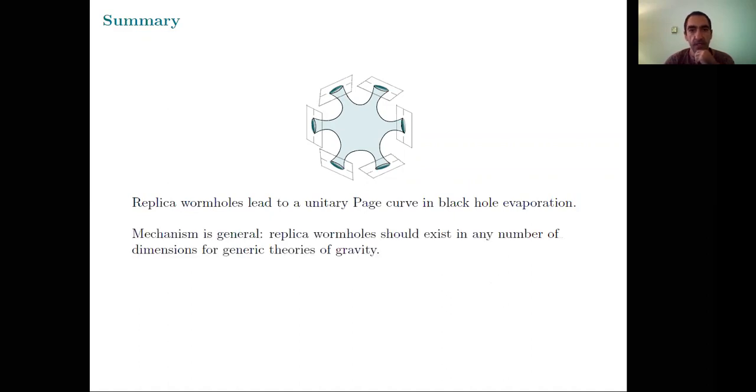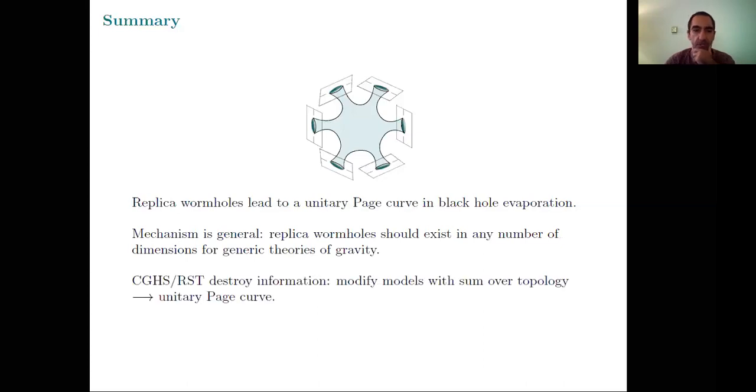This mechanism seems to be general. These were found to be saddles in JT gravity coupled to AdS for n near 1. But as off-shell configurations, they should presumably exist in any number of dimensions for generic theories of gravity. So it seems somewhat general.